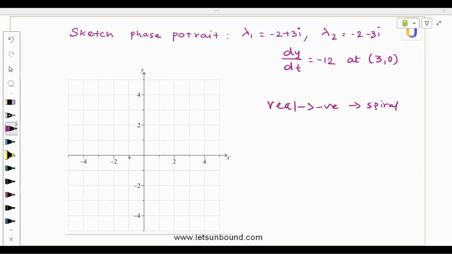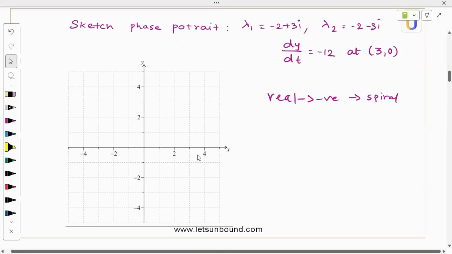Okay, so negative real part means the spiral will sink and the direction is going to be clockwise. And also we can see that dy by dt is equal to -12, right? So -12 at the point 3, 0. So the velocity is downward, going down at this point. So this suggests the phase portrait should begin by moving downwards when starting at 3, 0.